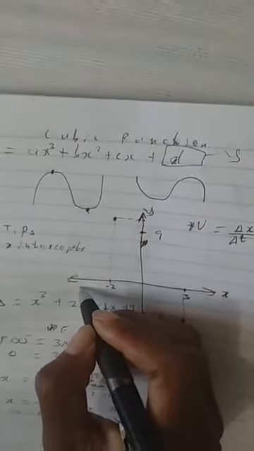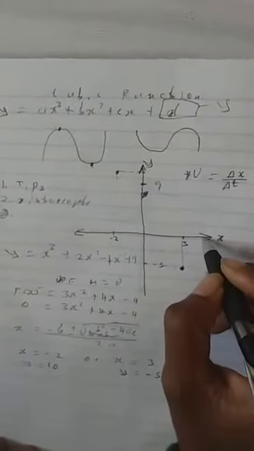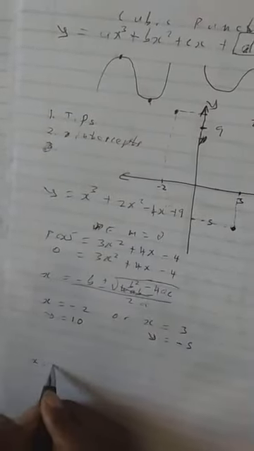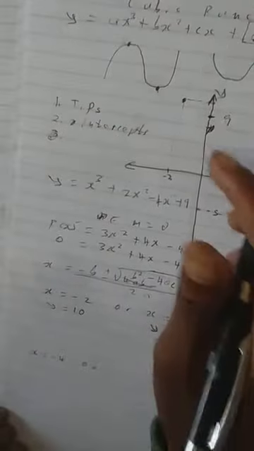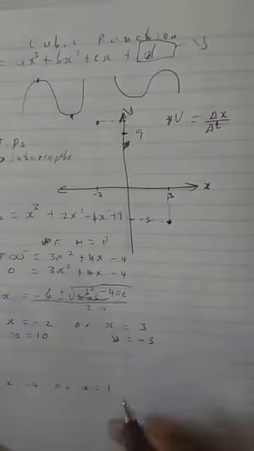This graph would have to cut the x-axis at this point, and it will also cut the x-axis at this point and also at that point. All right, let's assume that our x-intercepts, where we determine the x-intercepts by letting y be 0, our x coordinates were firstly -4 or +1 or +5.